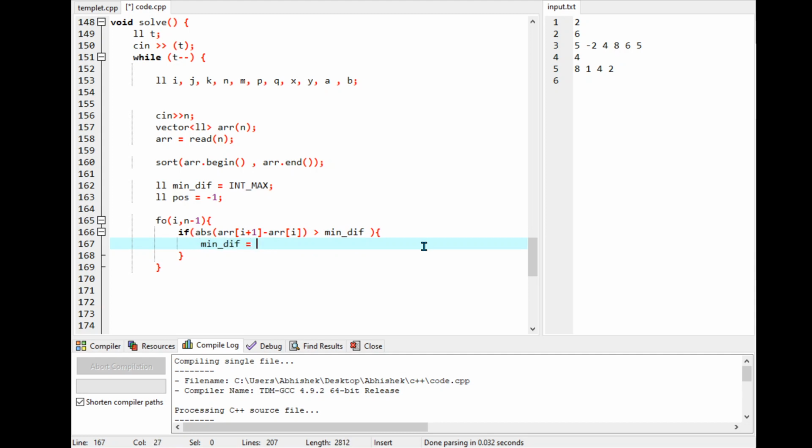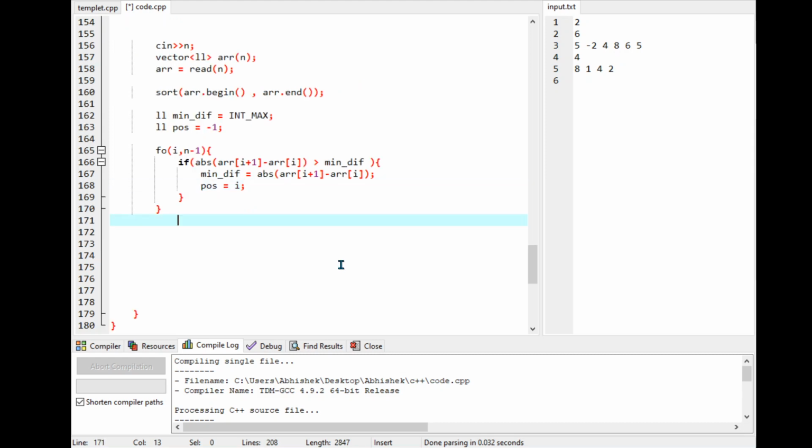Then min difference would become this value from here to here, and the position of the minimum, suppose we are storing the leftmost position, would become i. So at this point we have the min position.